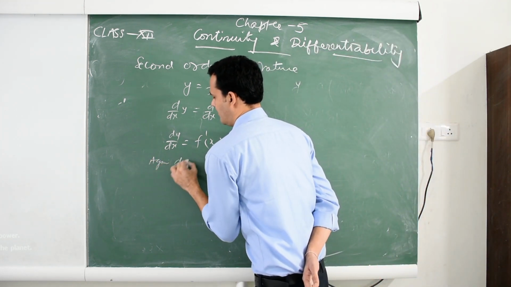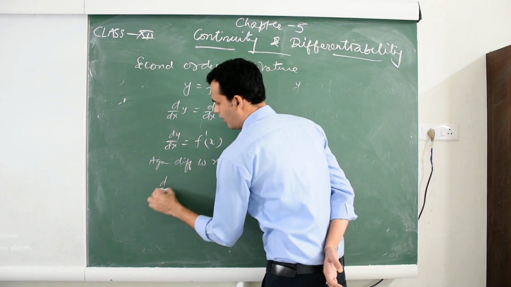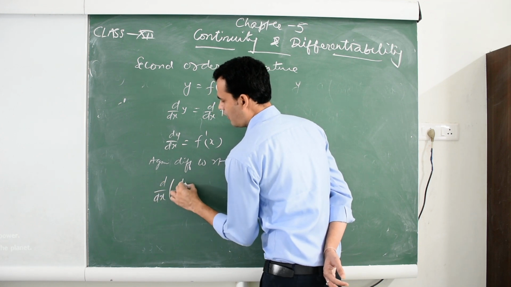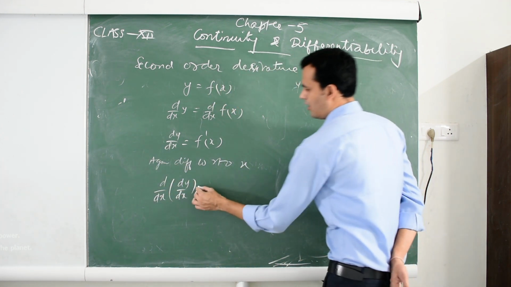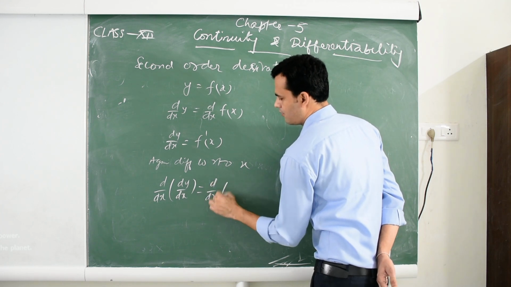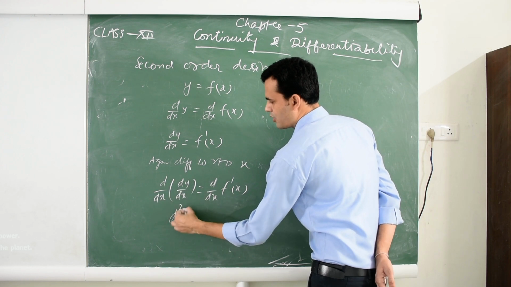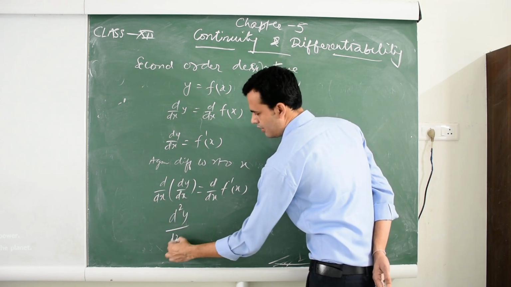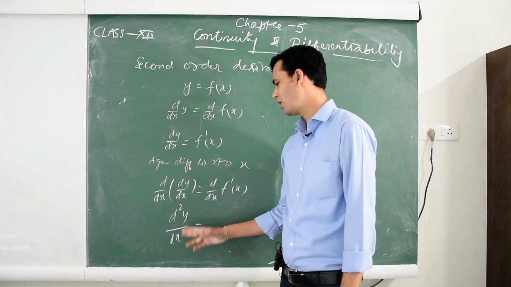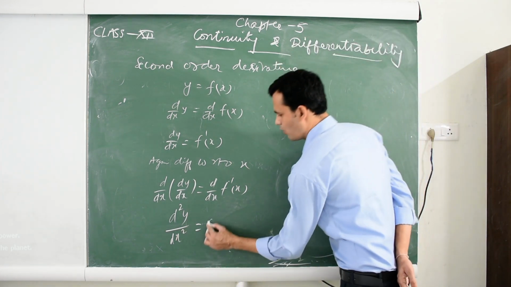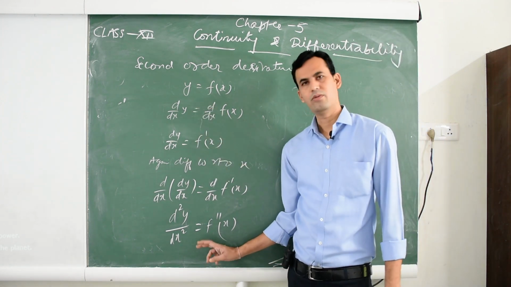again differentiate with respect to x, so we get d by dx of dy by dx, differentiation of dy by dx. Here also d by dx of f dash x. So d square y upon dx square, or d2y by dx square, equals f double dash x. This is called second order derivative.